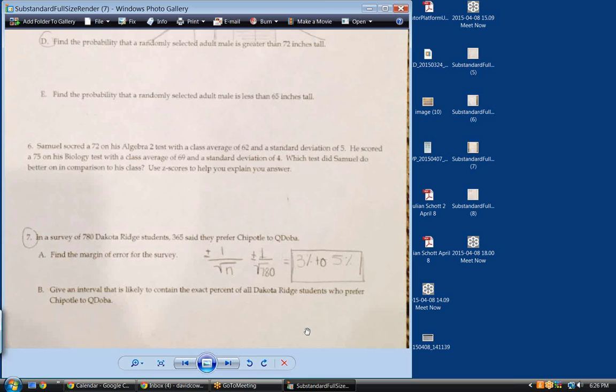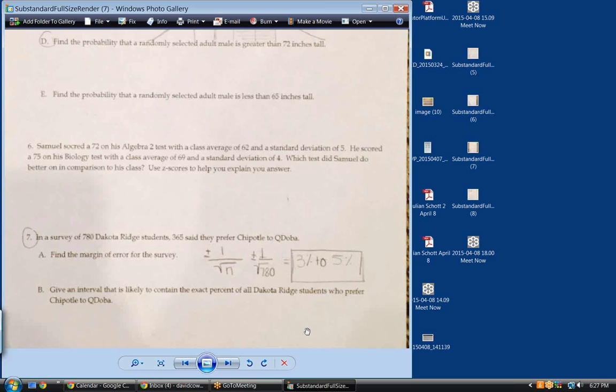In other words, it looks like it would be plus or minus 1 over the square root of 780. The square root of 780 is 27.92. So that's the 3%.